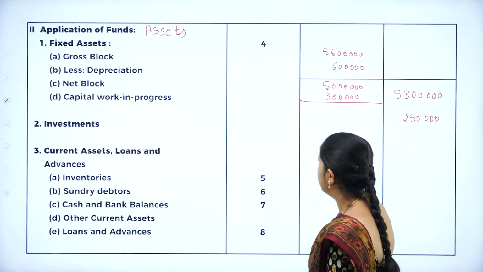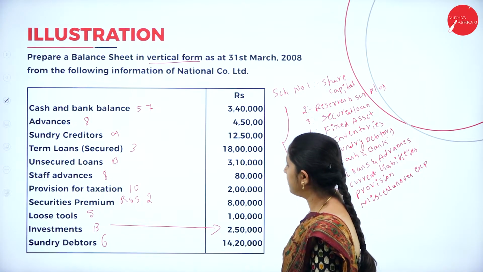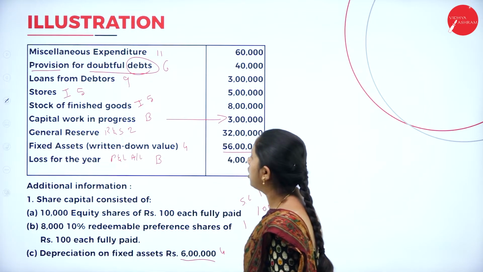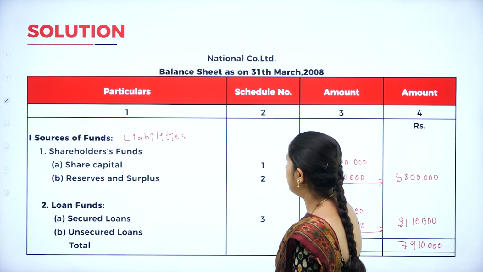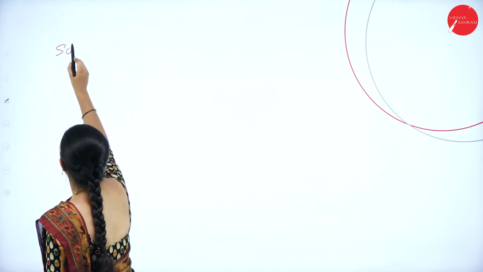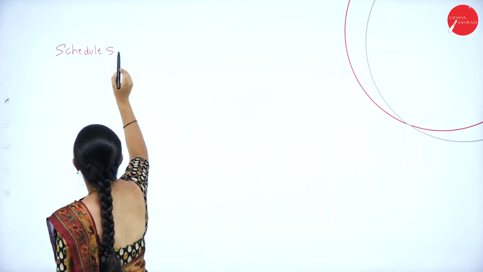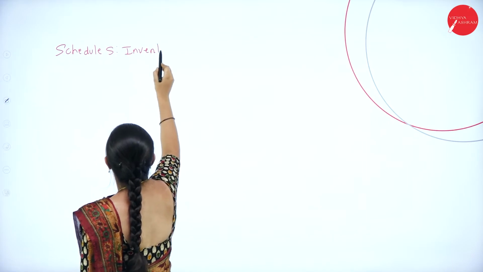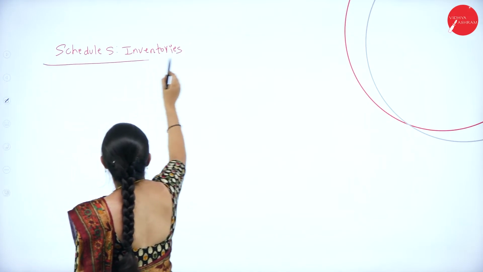First, inventory. We need to prepare schedule 5. Find all the schedule 5 items. Loose tools, then stores, stock of finished goods. Total 3 items. Now, prepare schedule 5. Schedule 5, inventories.